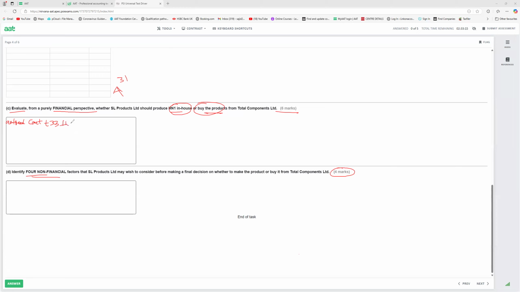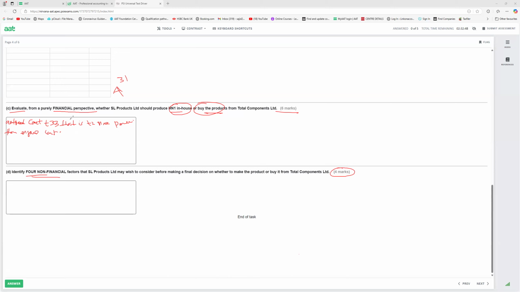That is 2 pound more per unit than in-house cost. So outsource cost 33 pound, that is 2 pound more than in-house cost. So this is the first point. For this one, you will get 1 mark easily.